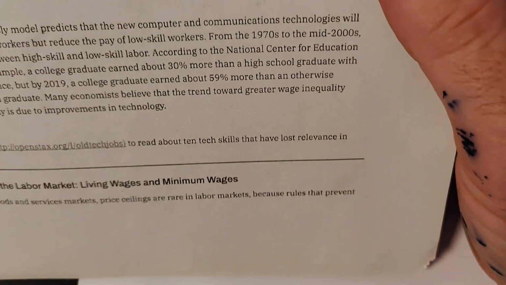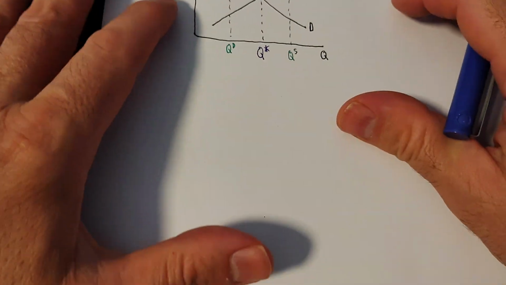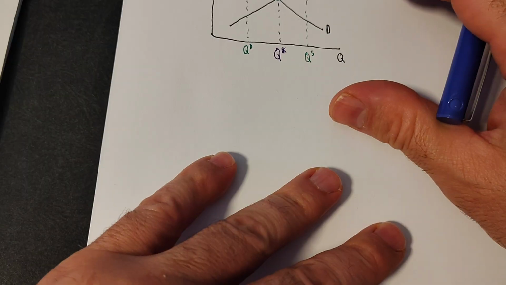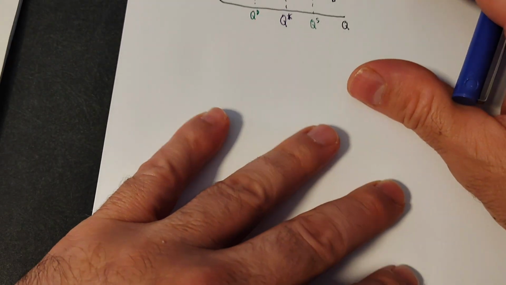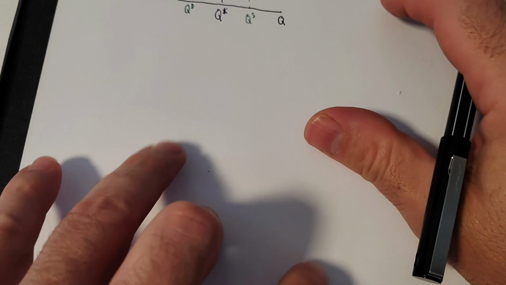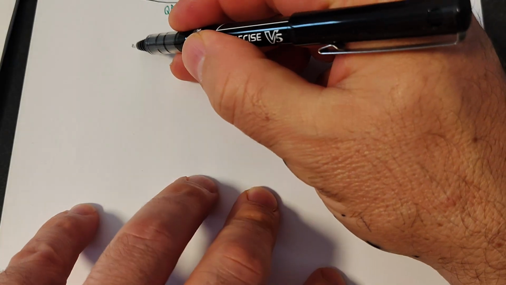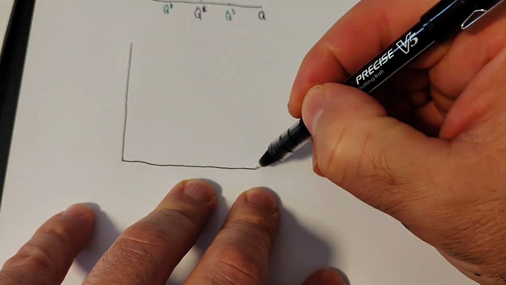All right, so let's go over figure 4.3 again. Let's look at figure 4.3 panel A. So again, I'm always going to start with a new demand and supply model for the labor market. And so when I do that, I'm going to draw my axes.